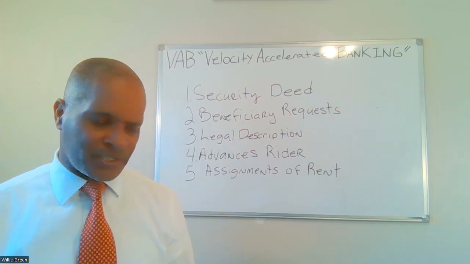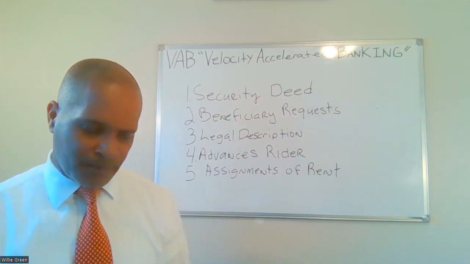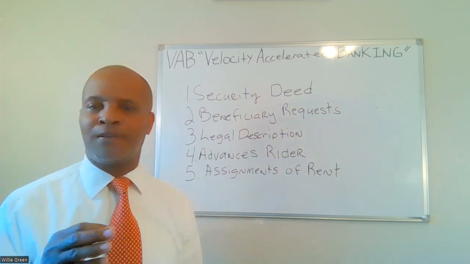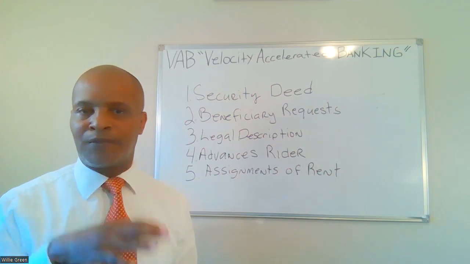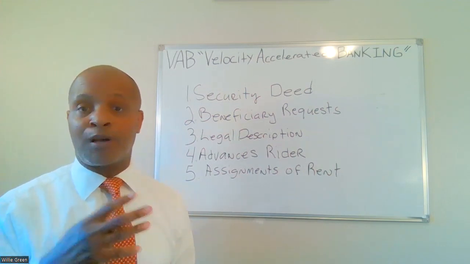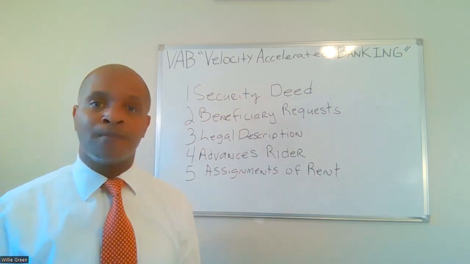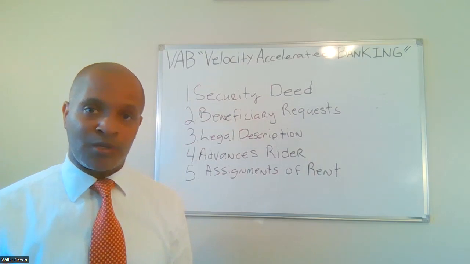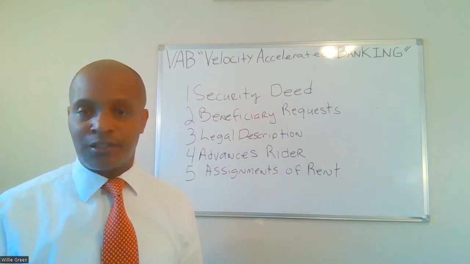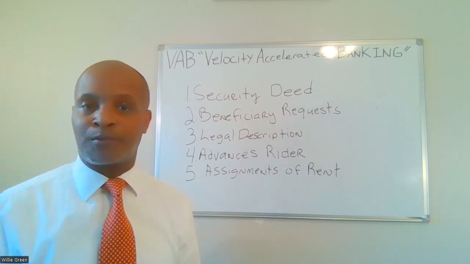It talks about the draw period, which I talked about before. There are 3 phases with this particular draw. There's a draw period of 3 years where I can take money out and put money in. Then there's another period where I can only pay interest, and then a third period where I pay interest and principal.